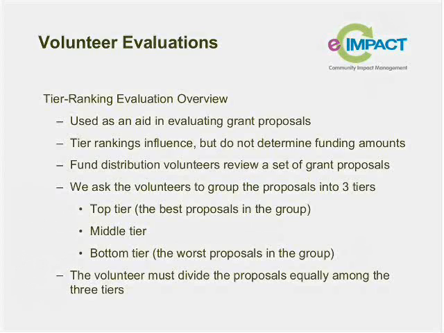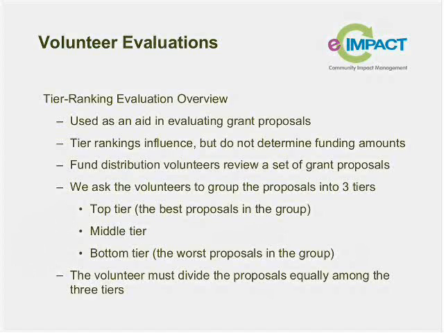This first slide just describes our tier ranking system a little bit. Essentially what we ask our volunteers to do is go online and review a set of proposals. A group of volunteers will review anywhere from 12 to maybe 20 proposals.